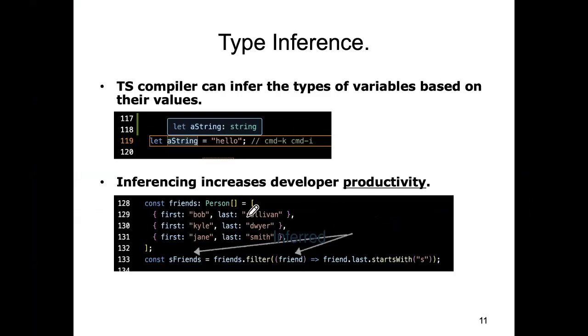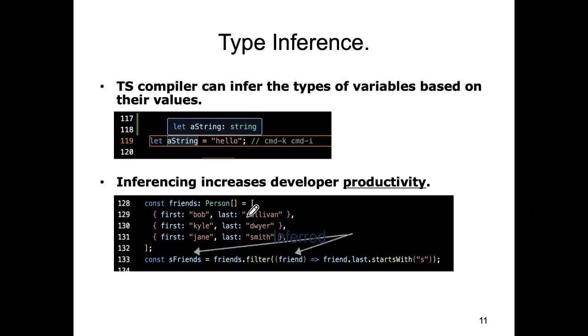Now, type inferencing is this idea that the compiler actually works out the type of a variable for you. If we had to use these type annotations, that really imposes a lot of extra work on the developer, who essentially has to type a lot more than they would if implementing the application in JavaScript.